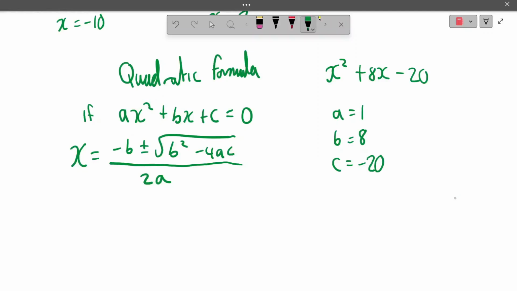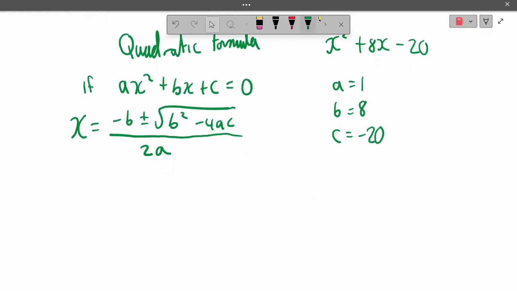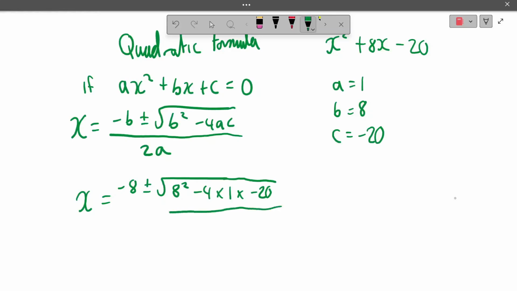So let's have a little look at what this means with this formula. All we have to do is replace our letters with the numbers we've got. So we've got minus 8 plus and minus the square root of 8 squared minus 4 times 1 times minus 20, all over 2 times 1.